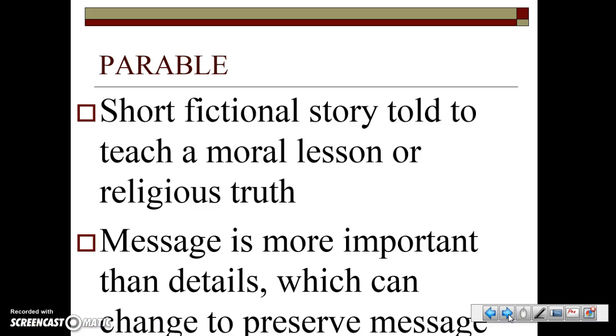A parable is a short fictional story told to teach a moral lesson or religious truth. The message is more important than the details, which can change to preserve the message. You can tell a parable because the story will be short.